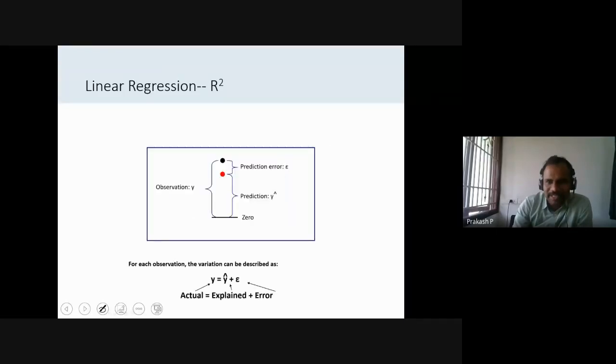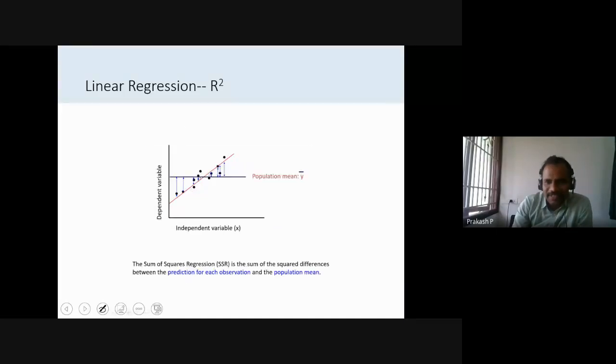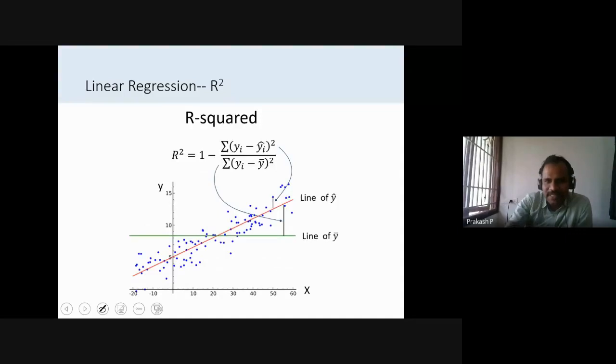Next one is R square. This is the formula which is used to find R square. yi is the actual data, y cap is the predicted value, and this is the mean value.